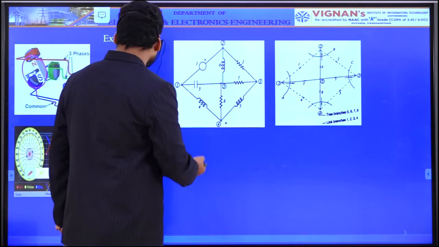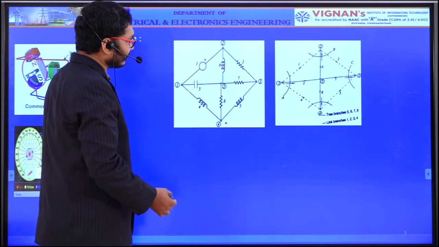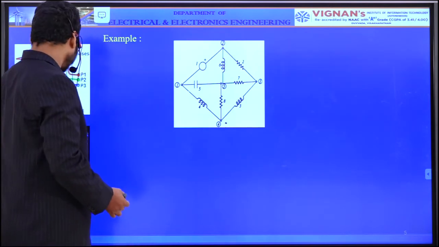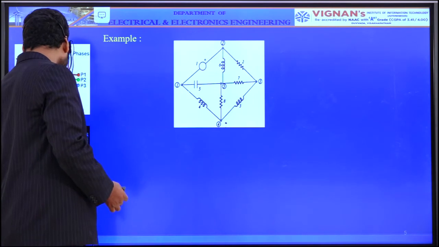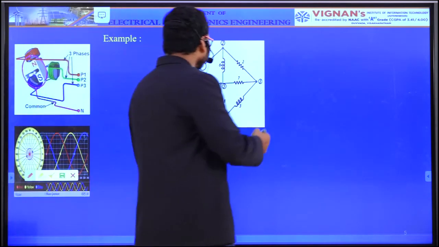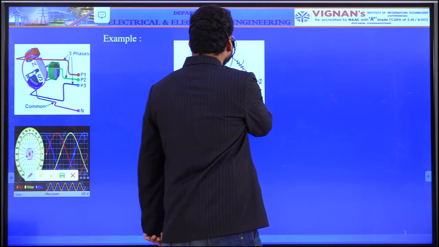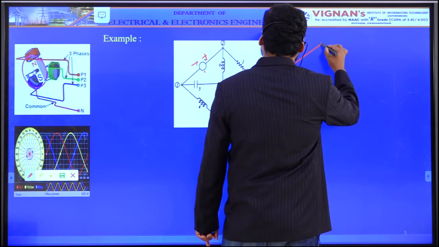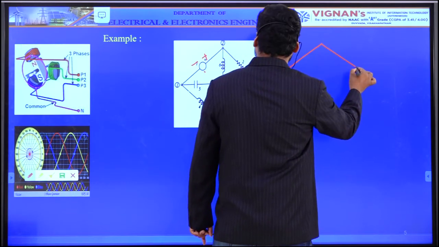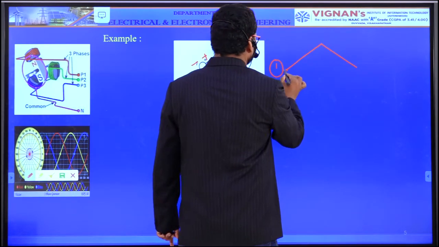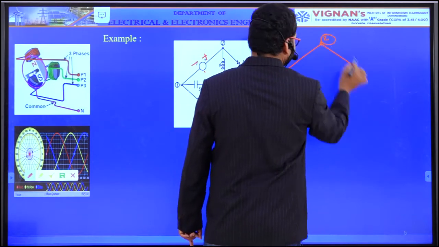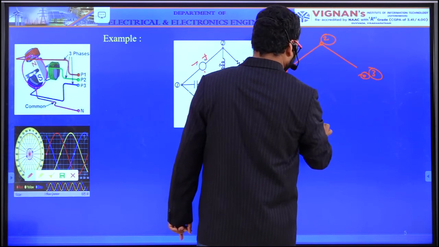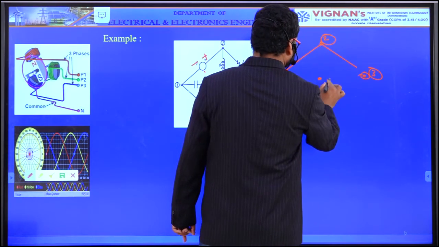Already I told you, the voltage source you have to represent with a short circuit, and similarly all the elements you represent as a short circuit. Say this is node 1, node 2, node 3, node 4, and node 5.